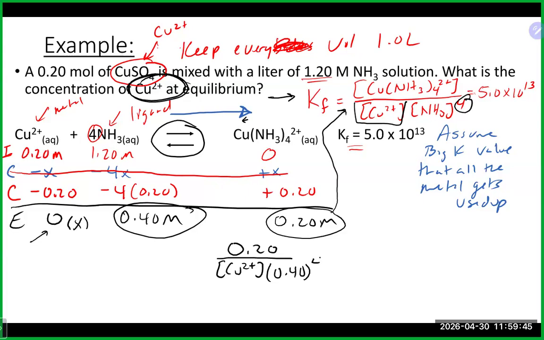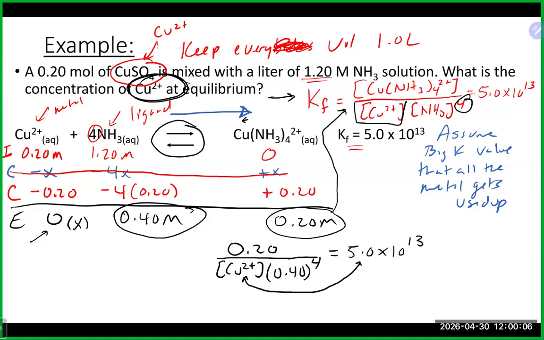You don't want to forget that. And that's going to equal my Kf value here, 5 times 10 to the 13. We're now going to solve for copper, which, if you multiply the copper to the other side and then divide the Kf back, what ends up happening is these two switch places, basically.